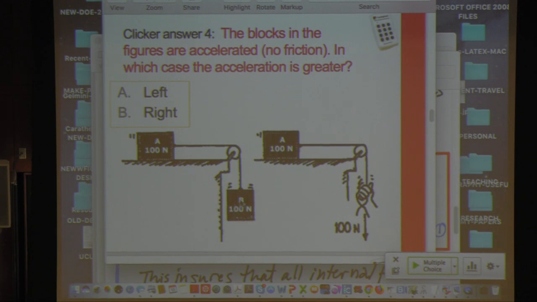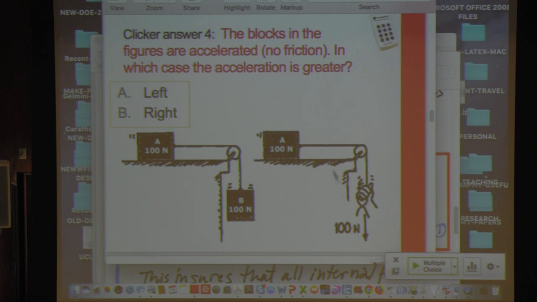The force of gravity on this body is 100 newtons. So this tension is smaller. And this is the same mass as here. So in this case, instead, I'm pulling on the string, so the tension in the string is 100 newtons.